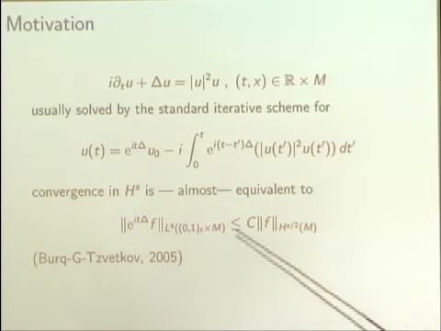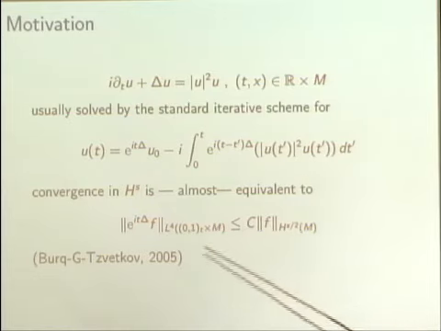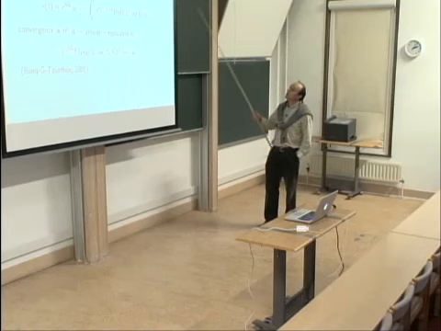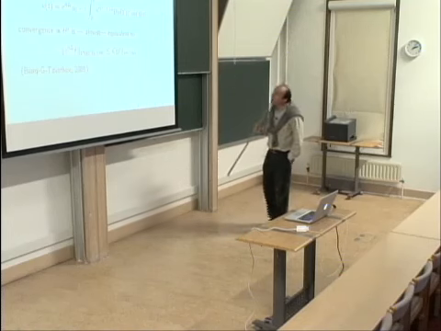Of course, if s is large enough, this is always true by Sobolev inequality, but this is not what we want. We want much better estimates for s very small, for instance s equals 0, which means you would be able to estimate the L4 norm of the free Schrodinger group by the L2 norm of f. This is typically what happens in R^2 if M is just a Euclidean plane.